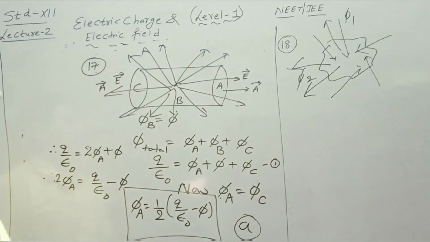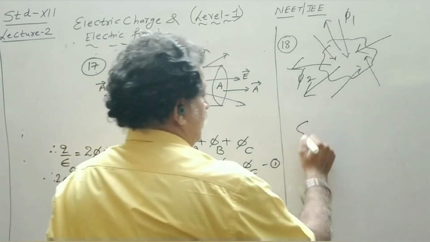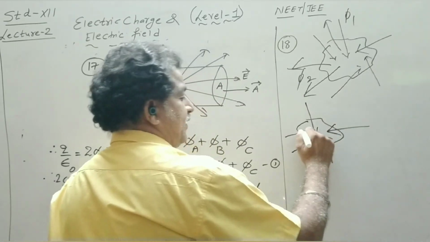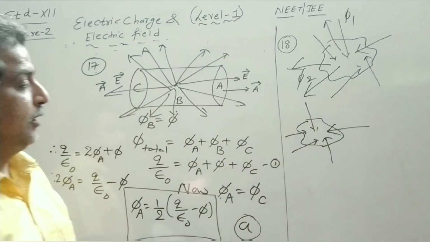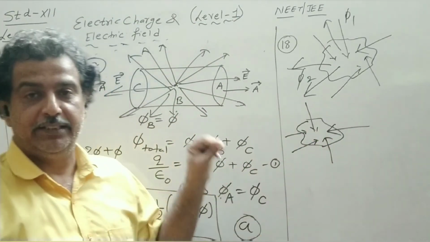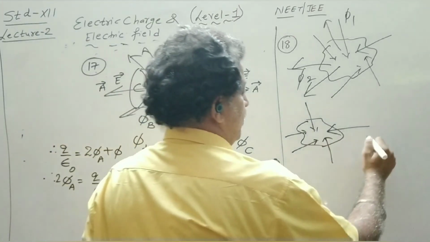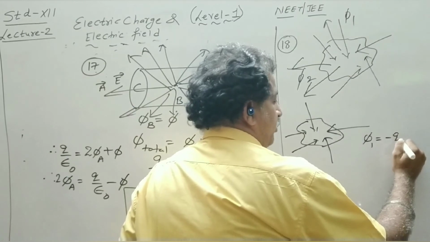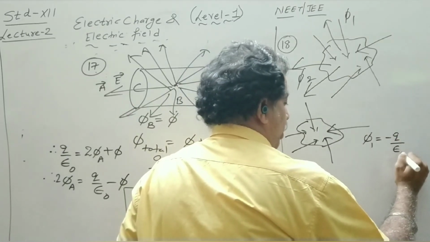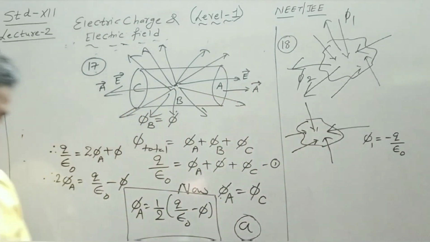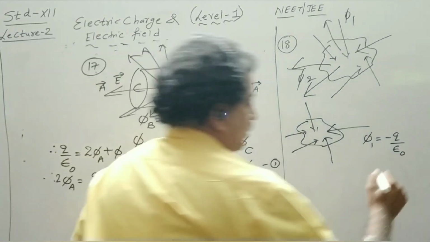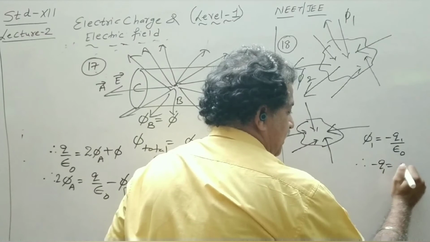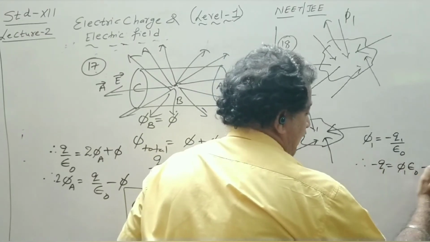Now see, if the flux is entering the closed surface, it means there is negative charge in it. So phi 1 is equal to minus Q upon epsilon naught, say Q1. Therefore minus Q1 is equal to phi 1 epsilon naught.